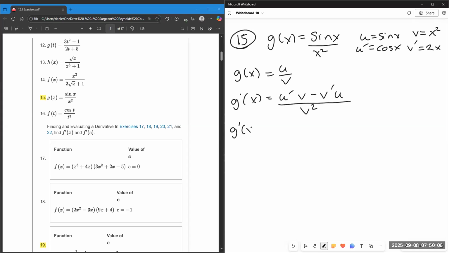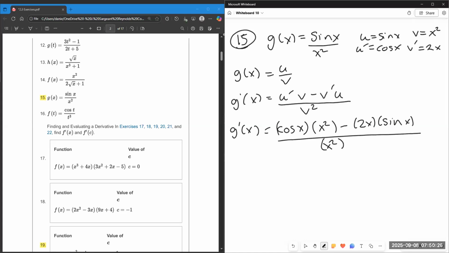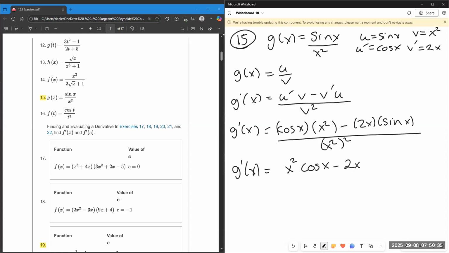So my g prime is going to be cosine of x times x squared minus 2x times sine of x over x squared quantity squared. So g prime of x is x squared cosine of x minus 2x sine of x over x to the fourth.